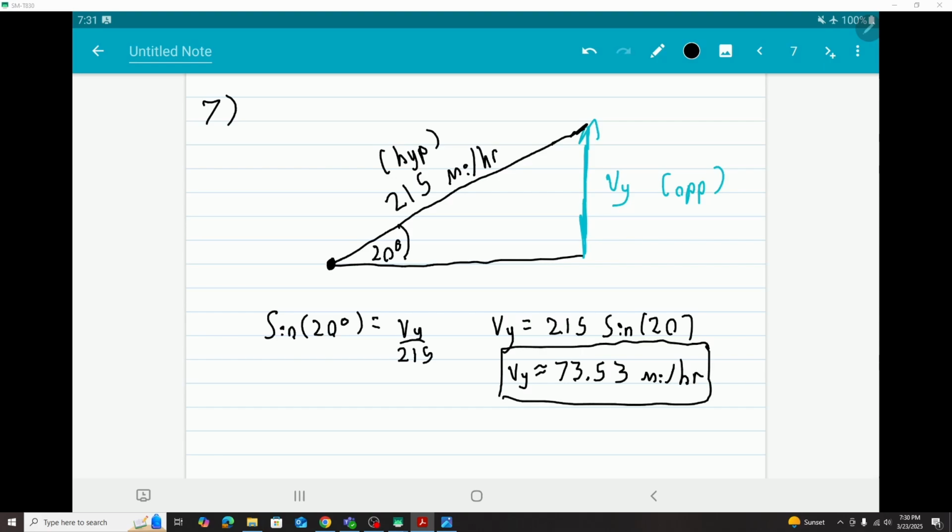And again, a little bit of a does-this-answer-make-sense check. 20 degrees isn't really that steep of an angle, right? So it makes sense that it shouldn't be ascending that fast compared to its actual speed. And so this 73.53, yeah, that seems pretty reasonable. It seems like a reasonable speed for how fast it's going up in the air.